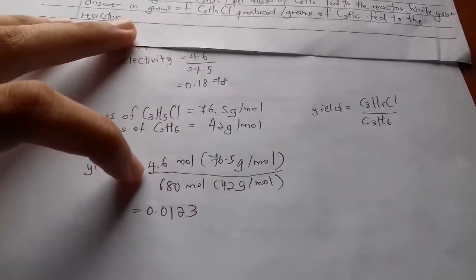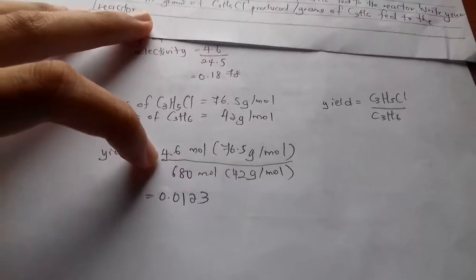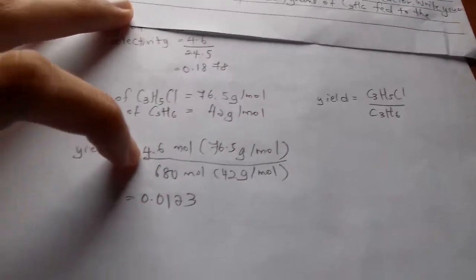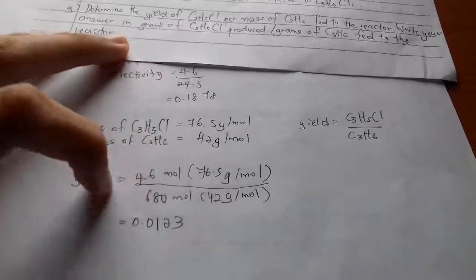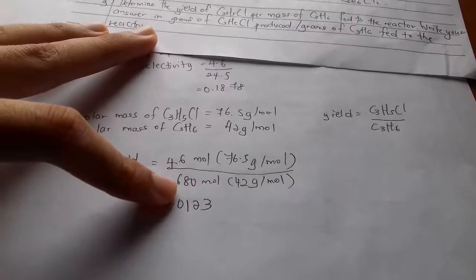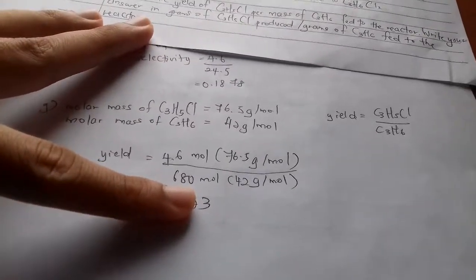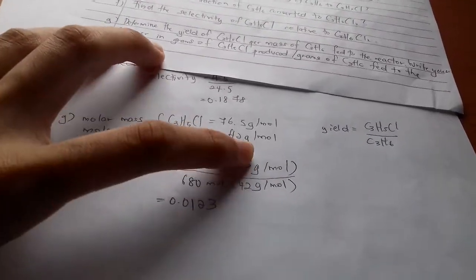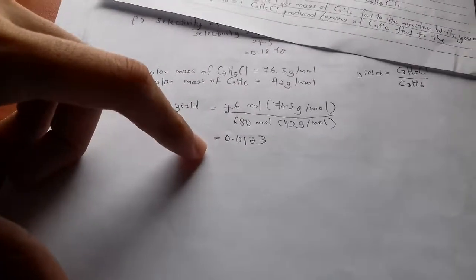So the yield for C3H5Cl, which is 4.6 mole, the flow rate, times the molar mass, divided by 680 moles, which is the C3H6 molar flow rate, times the molar mass of C3H6, which is 42. So we get the answer of 0.0123.